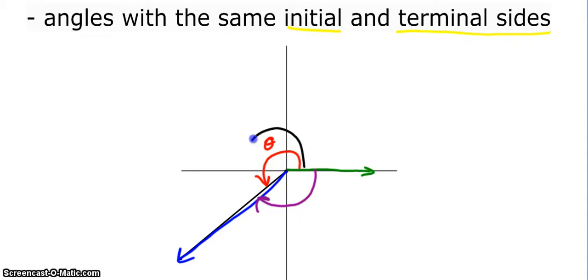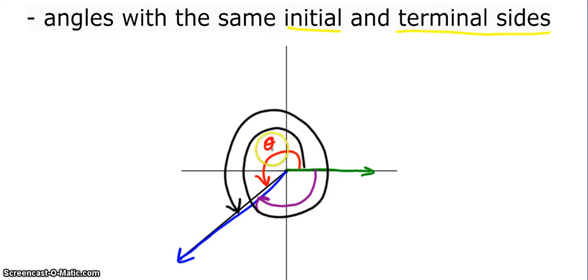So I could have that angle there. That's a positive angle. It is a coterminal angle of the red and the purple. We can do this in the negative direction as well. And so on. And I can keep going. You can go around the circle as many times as you want.